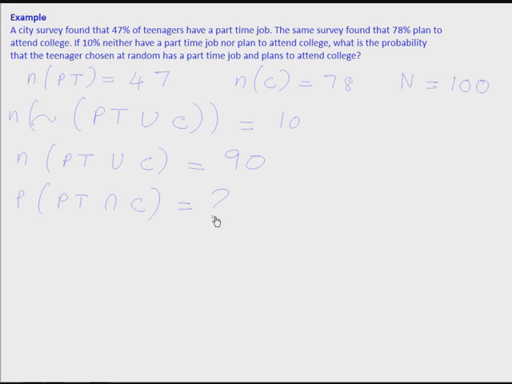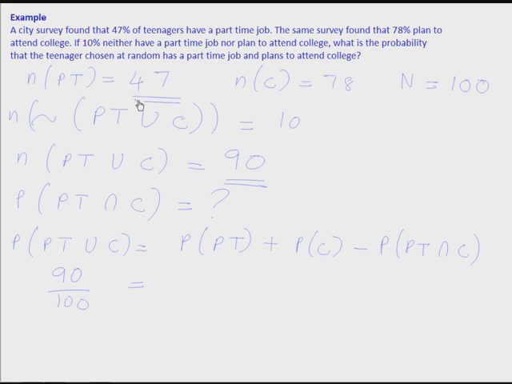Okay, let's set up our usual formula. P of PT union college is P of PT plus P of college minus the intersection. Do we have enough information? Yeah, P of PT union college is 90/100.